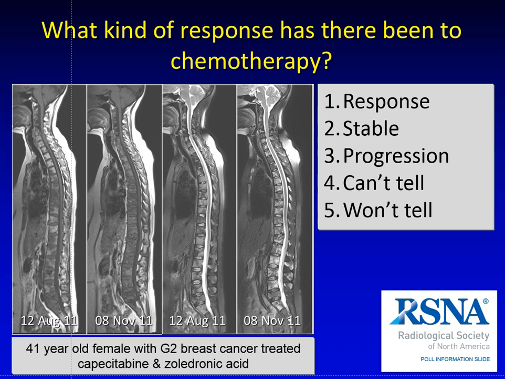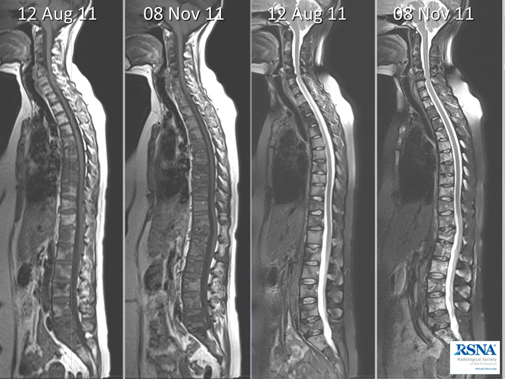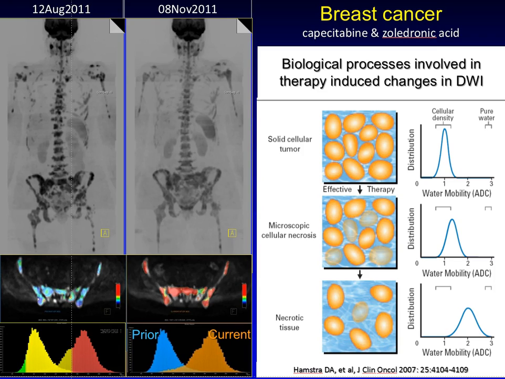Now, traditionally, using morphological sequences, you might have said, well, loss of vertebral height, new bone marrow abnormality, therefore this is progression. But it turns out that on diffusion sequences, this is a response to treatment.